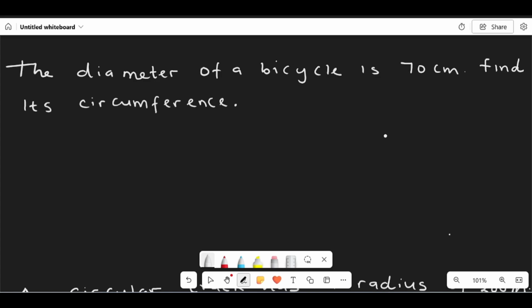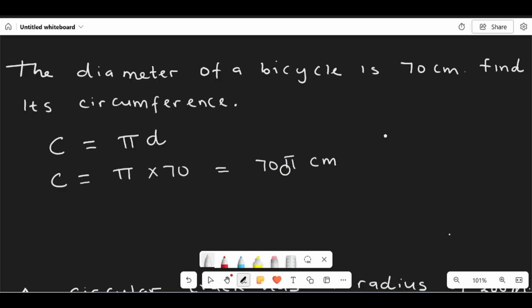Let us consider another example. The diameter of a bicycle is 70 centimeter. Find its circumference. Our formula for circumference is C equal to pi d. Here our d is 70 centimeter. So C equal to pi multiplied by 70, which is going to give us 70 pi in centimeter.